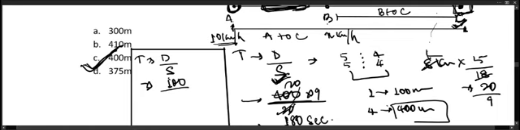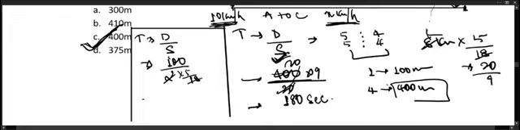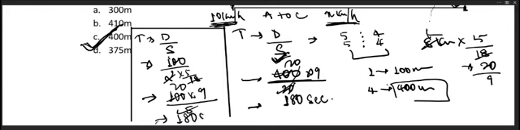Therefore the distance will be 100, and then we find the relative speed of the police and the thief, which is 2 km per hour. After changing it into meters per second, we get 5 by 18, that is 5 by 9. Then 100 into 9 upon 5 is 180 seconds.